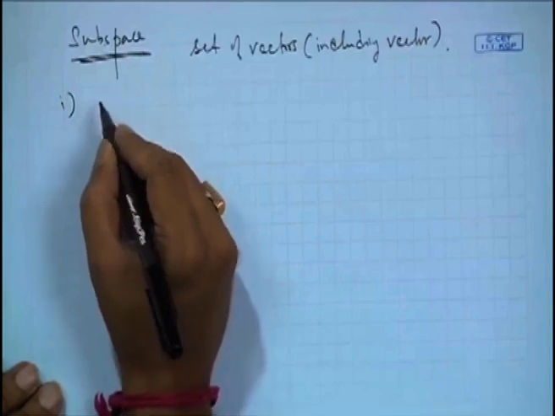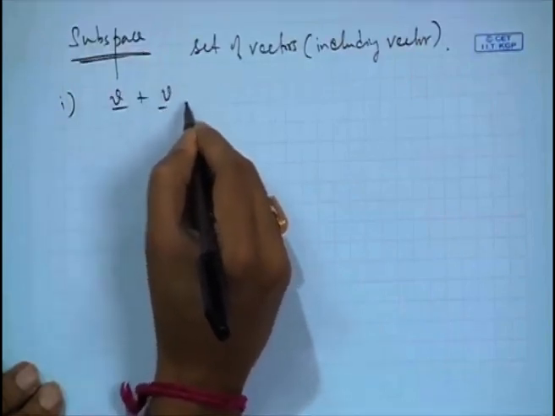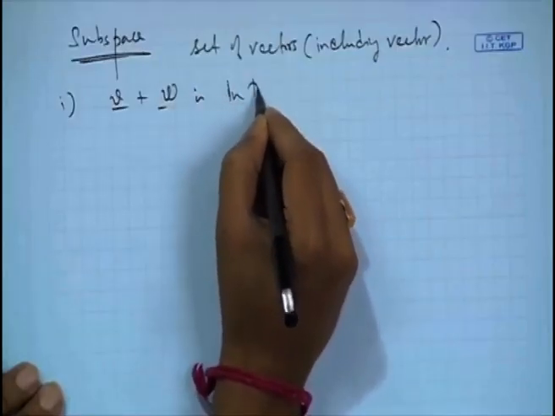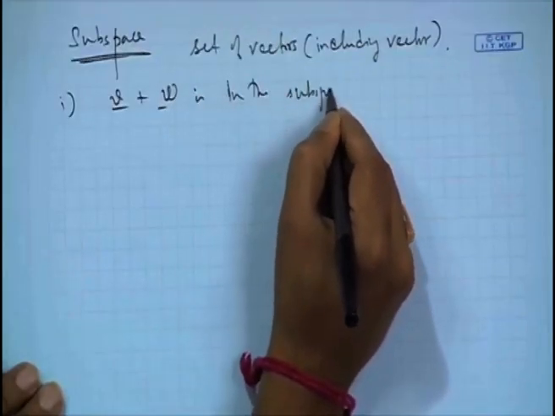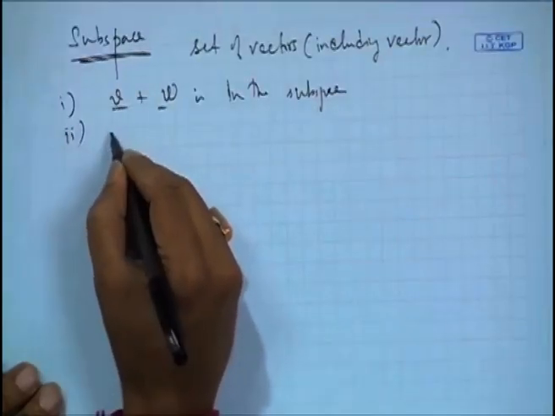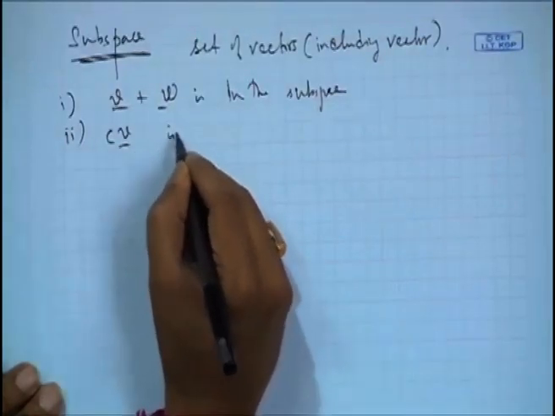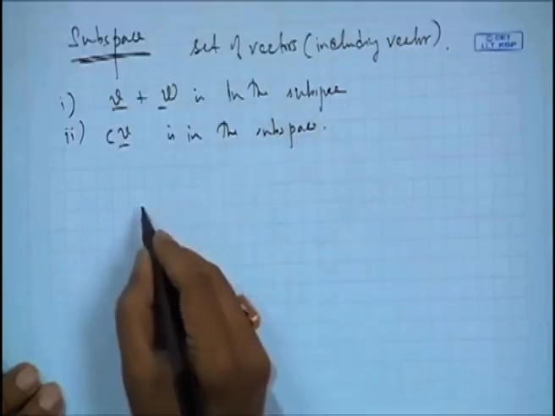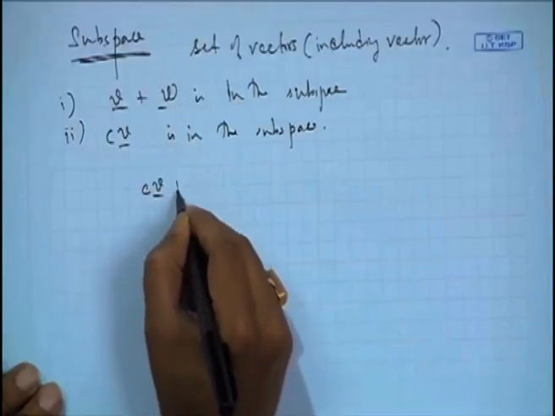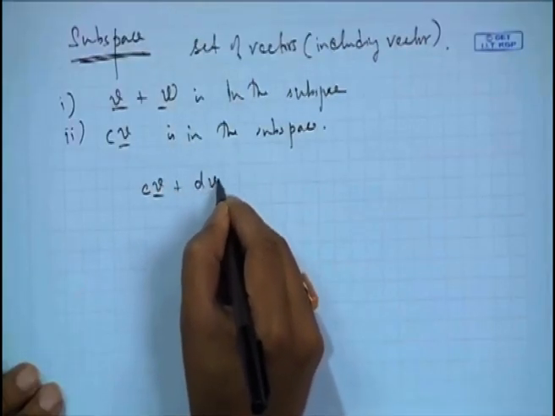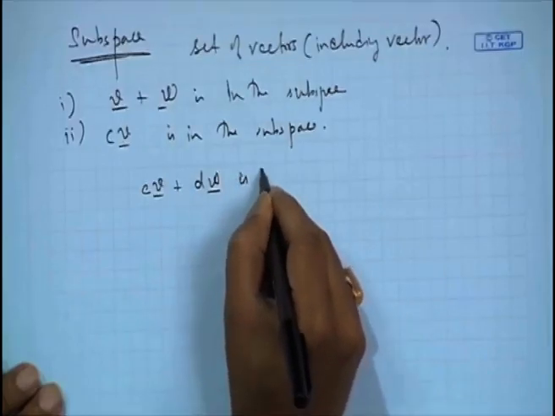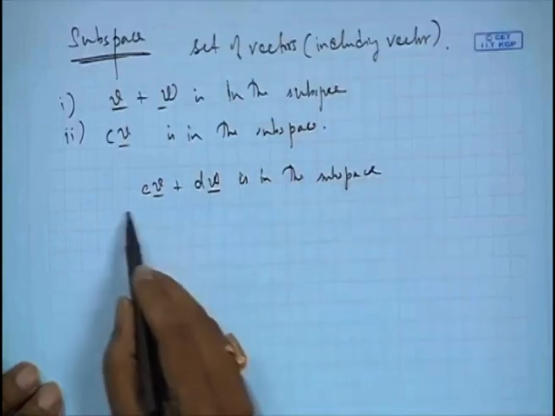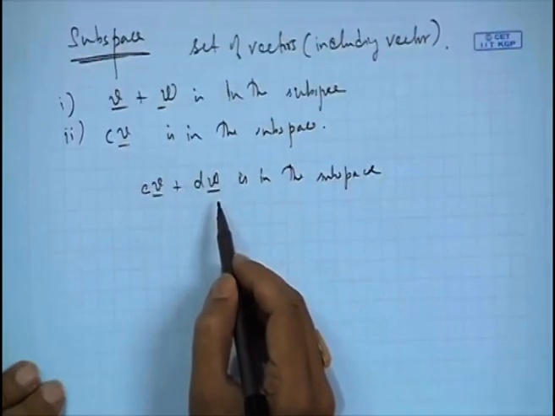The first tenet is that the sum of two vectors is in the subspace, and the second tenet is that some scalar times the vector is in the subspace. Essentially, we can say a linear combination of these two vectors is in the subspace. So a combination of this remains in the subspace, so that's a vector subspace.